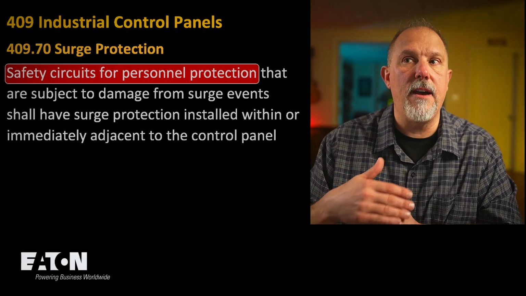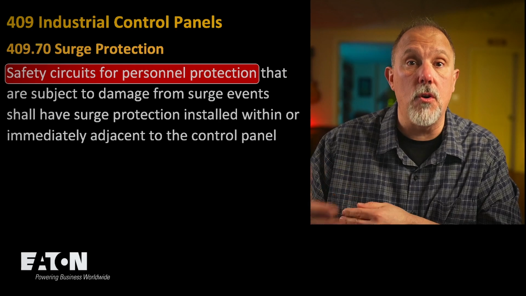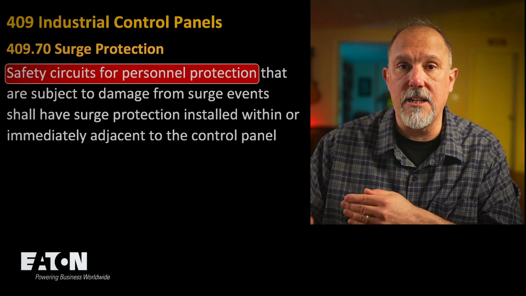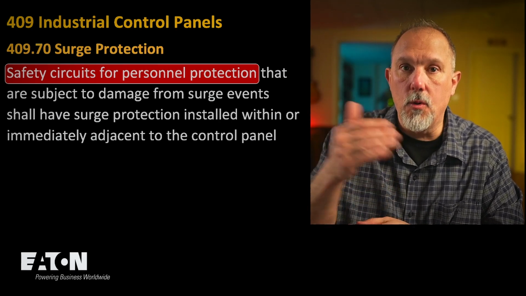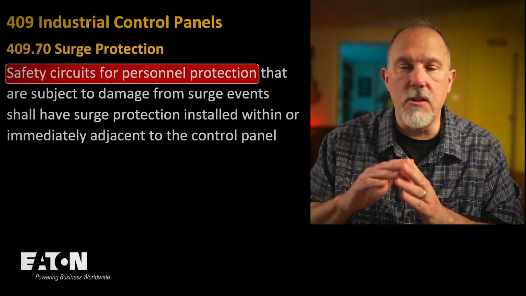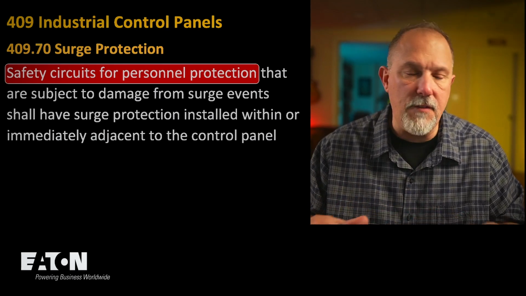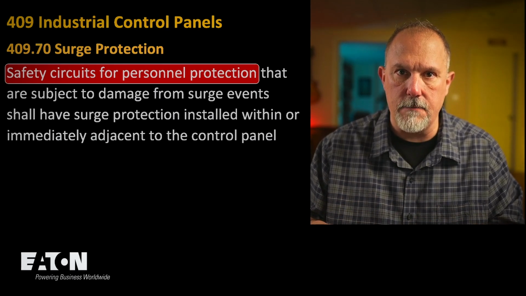You would have to have that discussion with the AHJ if you don't want to put surge, to explain why your industrial control panel is not a part of a safety circuit for personnel protection.